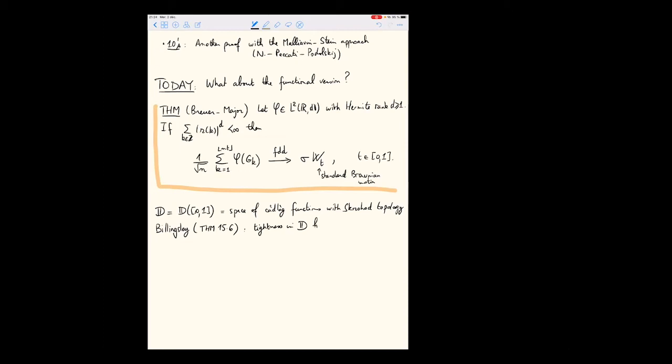So tightness in D holds for a sequence of processes in D, let's call them Yn, if there exists some epsilon positive, some eta positive, and a constant C, and then the criterion is that you must bound the expectation of |Ynt minus Yns| to the power eta by this constant C times the entire part of Nt minus the entire part of Ns, divided by N, to the power 1 plus epsilon, and this must hold for any s and t between 0 and 1. Okay, so this is the usual criterion.